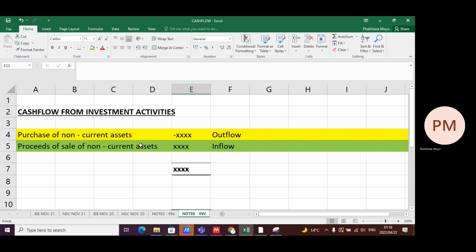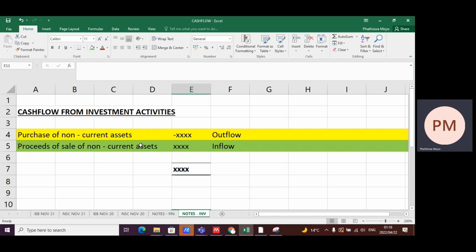Current assets. If you're still struggling with the distinction between the two, don't stress. Teacher Patty got you on this. Go to the YouTube video that I did on assets. It's going to give you a clear explanation of what assets are. And this also focuses on the sale proceeds, that is the cash proceeds on the sale of non-current assets.